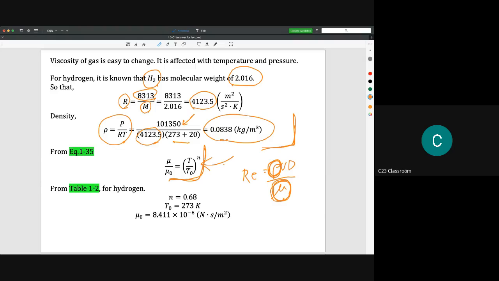So mu naught here is the reference value and T naught is the reference value. For hydrogen, it is given that n is 0.68, and the temperature is 273 Kelvin. And then the reference value of dynamic viscosity is this one.